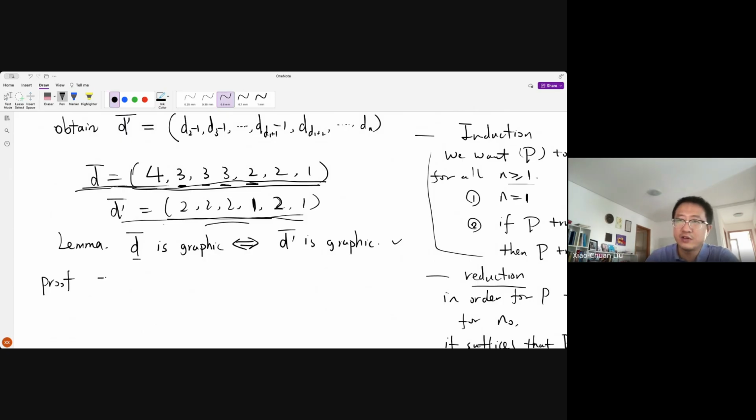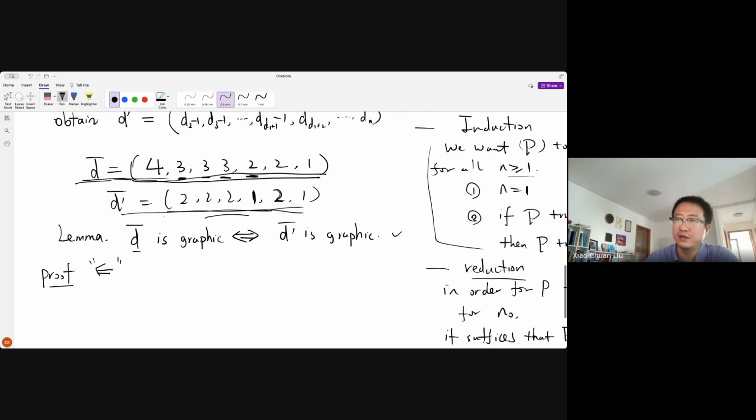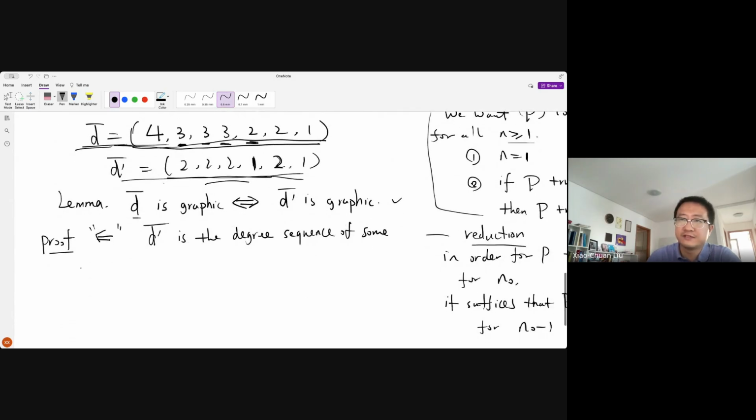So for example, let's solve the easier one first. So if D prime bar is graphic, it is the degree sequence of some graph.